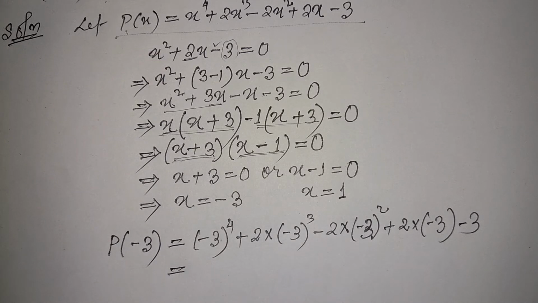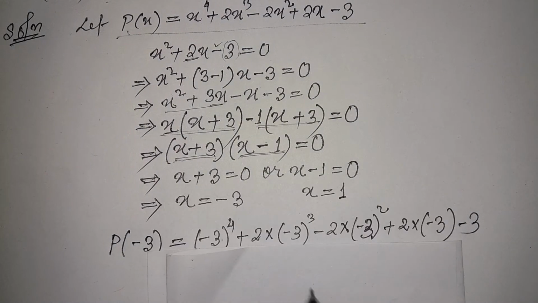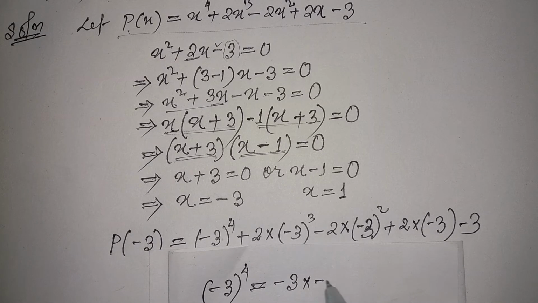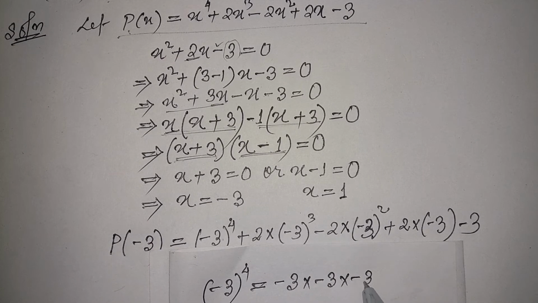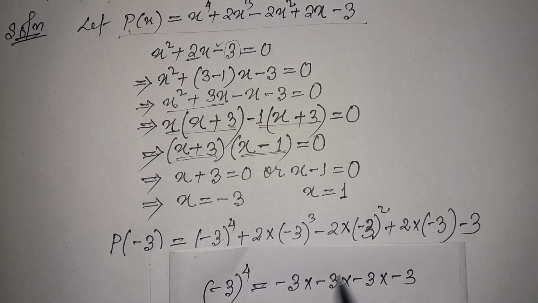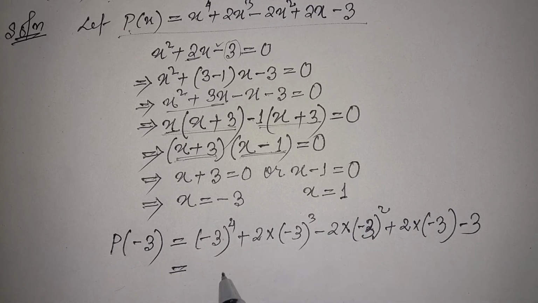Now this is minus 3 to the power 4, which is minus 3 into minus 3 into minus 3 into minus 3. Here the power is an even number, so this is going to be plus. Again 3 3s are 9, 3 3s are 9, 9 9s are 81. So this is 81.